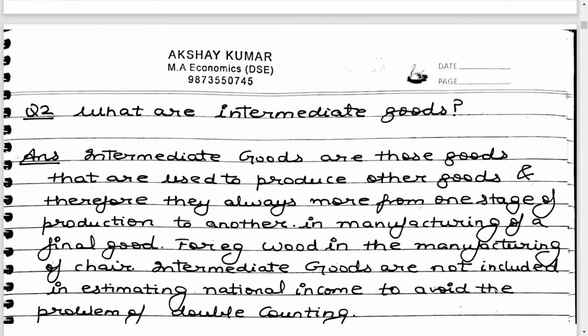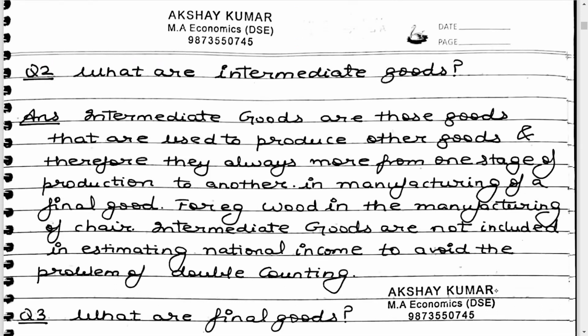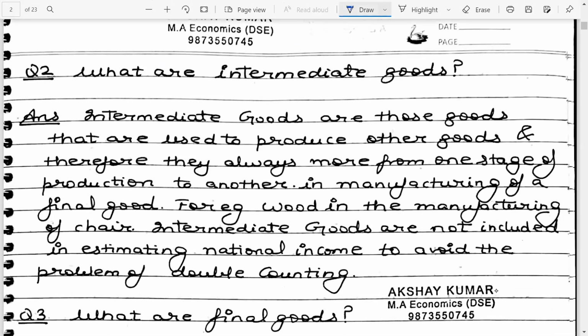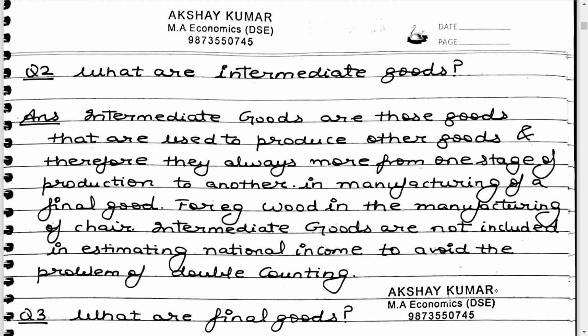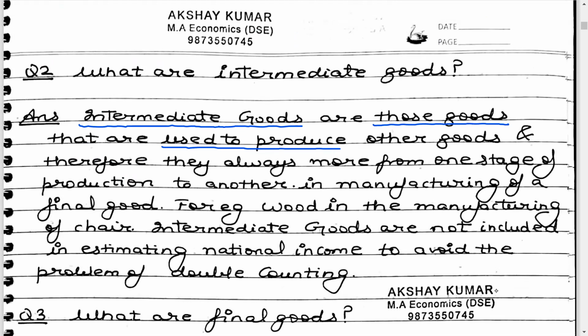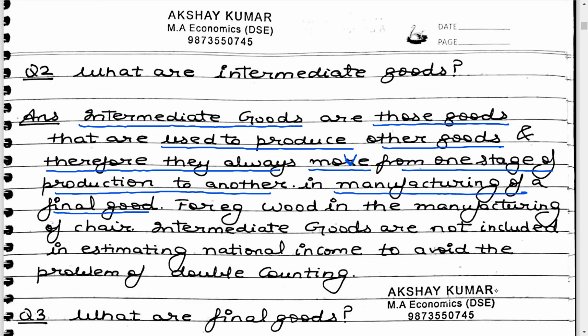Now let's look at question 2 of the lecture note. What is meant by intermediate goods? As you can see on your screen, intermediate goods are those goods that are used to produce other goods, and therefore they always move from one stage of production to another in manufacturing of a final good.